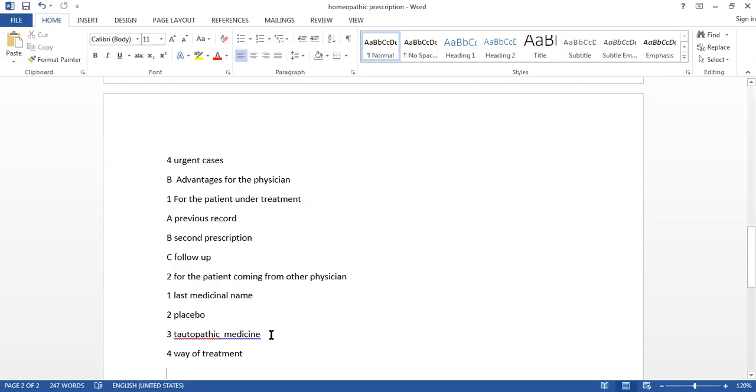And if you are having the tautopathic medicines, Mansi asked me what are the tautopathic medicines. These are the medicines from allopathy, but we are preparing this medicine in the form of homeopathy. How? By doing the potentization, because this is the only thing which we are doing differently from allopathy. We are doing the dynamization of it. Why?